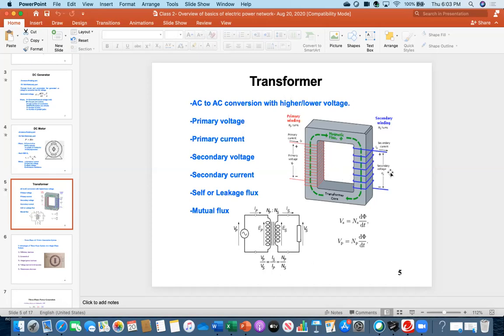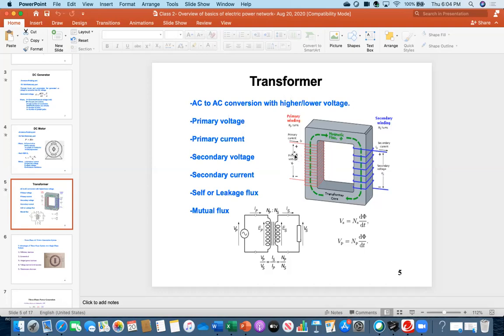This means, as I told you, that the function of the transformer is to increase or decrease the voltage, but how can the voltage be increased? Voltage can be increased provided that current will be decreased. You know, according to the law of conservation of energy, energy can neither be created nor destroyed. It can just be converted from one form to another form, right? So everybody knows the law of conservation of energy.